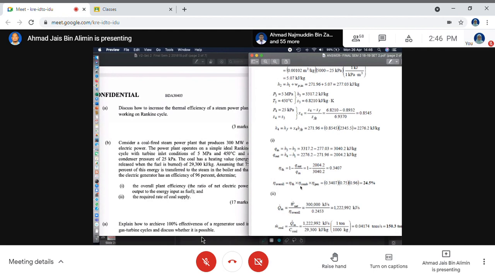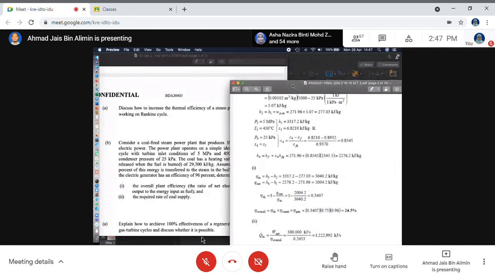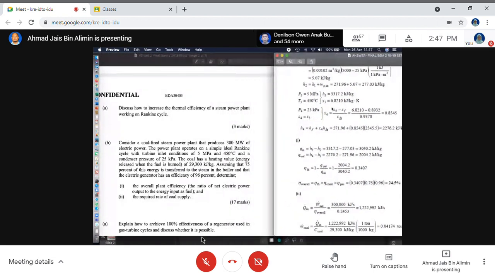So efficiency of the combustor is 75%. Efficiency of the generator is 96%. Yang ini efisiensi apa? Ini adalah efisiensi untuk boiler. So bila nak kira overall, kena ambil kira boiler, combustor, boiler Q in, Q out, efficiency of the steam, dan kalikan dapat nilai keseluruhan dia.